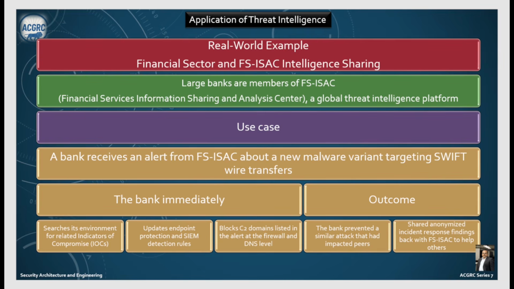They update endpoint protection and SIEM detection rules. They block the C2 domain listed in the alert at the firewall and DNS levels. Outcome? The bank prevented a similar attack that had impacted its peers. It shared anonymized incident response findings back with the FS-ISAC to help other banks.